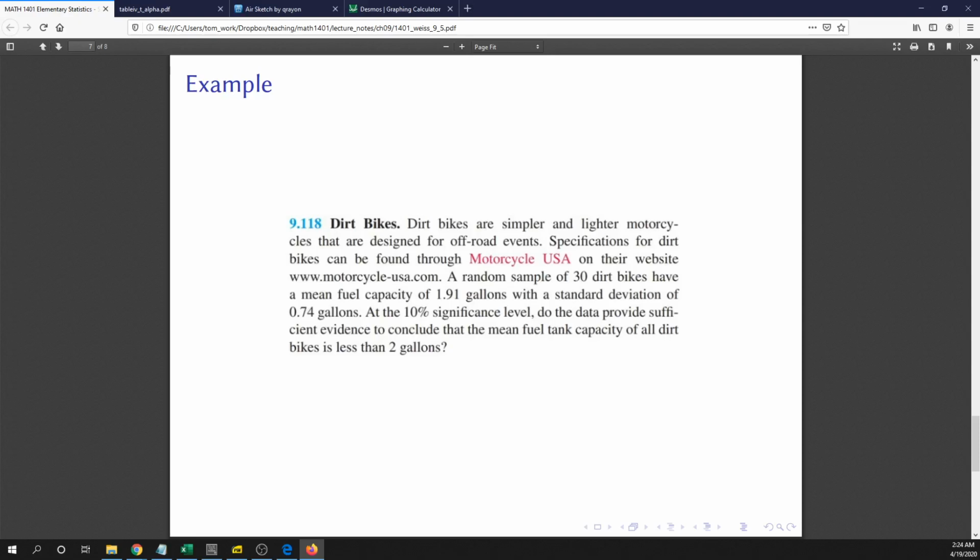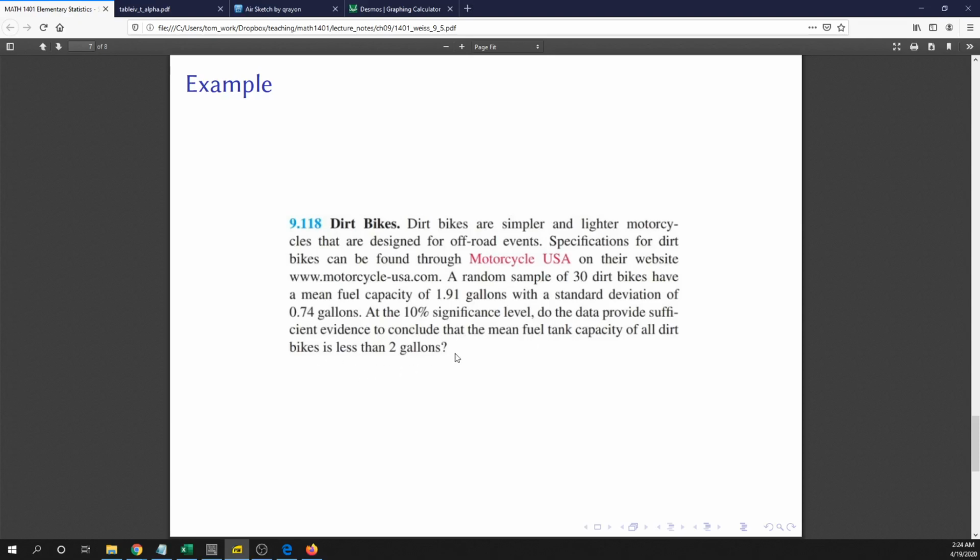We're going to run through the one mean t-test procedure. The first thing is to determine the null and alternative hypotheses. Looking through the problem, it says at the 10% significance level, do the data provide sufficient evidence to conclude that the mean fuel tank capacity of all dirt bikes is less than 2 gallons?